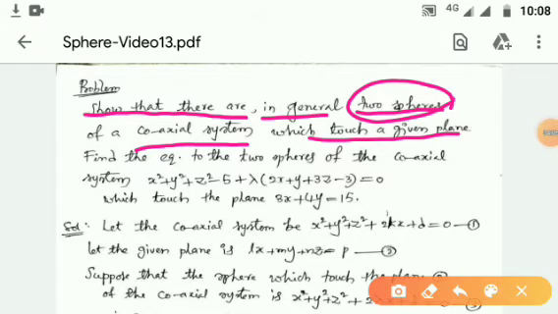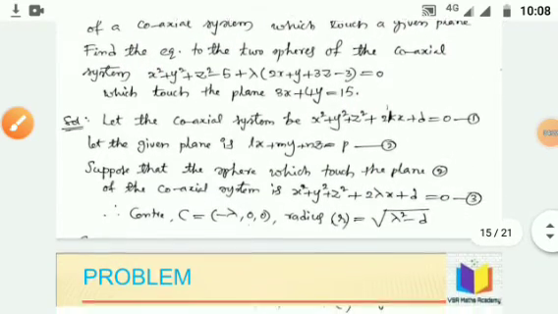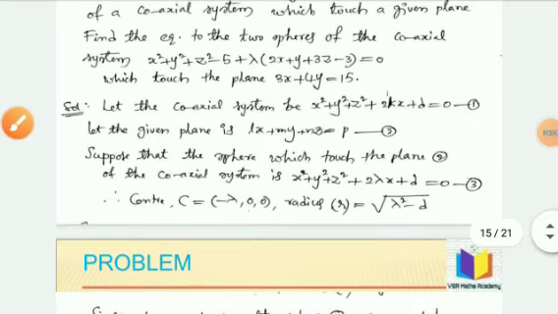So once again, if you are given a coaxial system like this, and a plane like this, in general we can find two members of the coaxial system such that they touch this plane. So we have to prove this concept in general first, and then we will solve this problem.